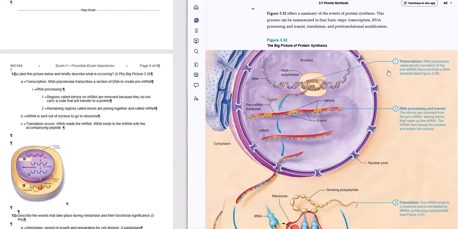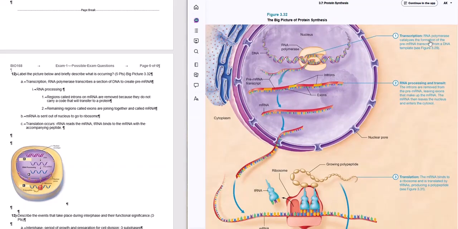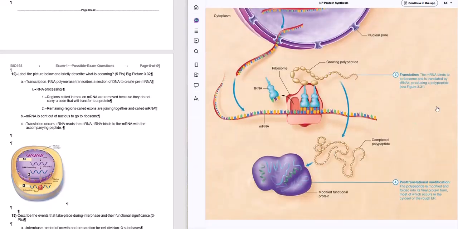So transcription: RNA polymerase catalyzes formation of our pre-messenger RNA from the DNA template. Then we have RNA processing, which we just talked about, splicing out the introns and putting the exons back together. All of this happens in the nucleus. Then that mature RNA leaves the nucleus, goes into the cytoplasm, where it joins with the ribosome.